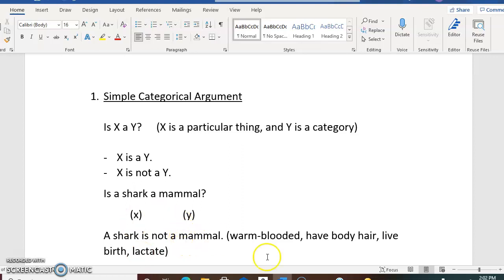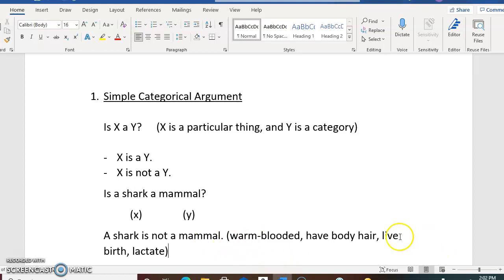Now, stay with me here because it's possible to argue the opposite. Could we argue that a shark is a mammal? Yes, we could argue that. Now, it'd be a much harder argument to make because most people are going to say, no, it's not. But just because an argument isn't true doesn't mean it's impossible to make one.